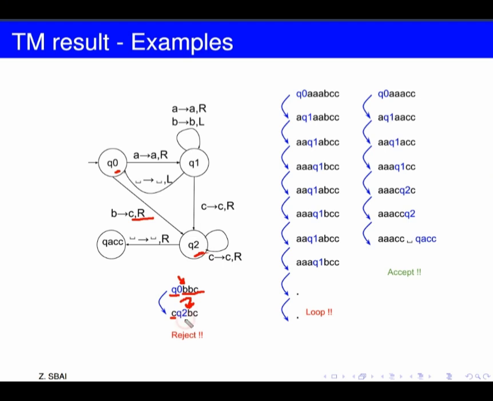So we wrote here Q2. Now from Q2, if we see a B, we don't have any transition. Here we have C, here we have blank. So this transition with B should lead to a reject state. So we know here that the input BBC is rejected.